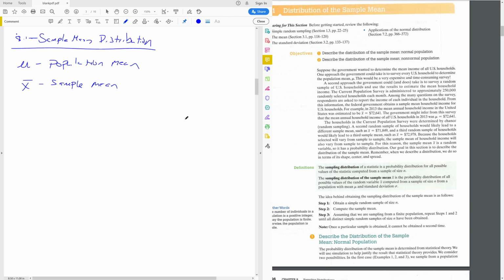Now, obviously, if somebody else does the same study, samples 250,000 randomly selected households, because they're randomly selecting, they probably don't get the exact same people, right? So they might get a different average. So maybe a second random sample got an average of 71,849.